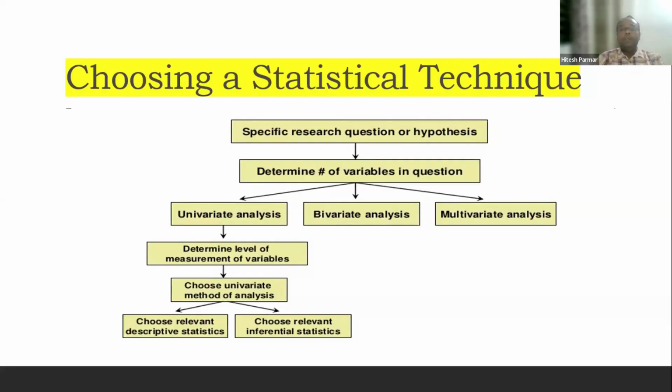So for nominal data, what analysis should we perform? Nominal data means the numbers don't have any meaningful interpretation, right? So you just generate the frequency table and chart, with frequency and percentage.